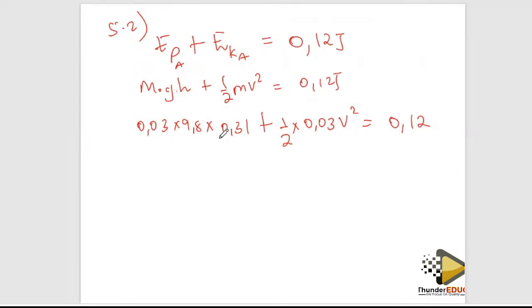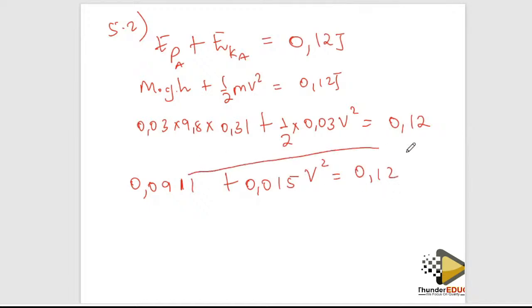I look at my left, 0.03 times 9.8 times 0.31. I'm getting a very small number, 0.0911. Then 0.03 divided by 2, I'm having 0.015 v squared is equal to 0.12.